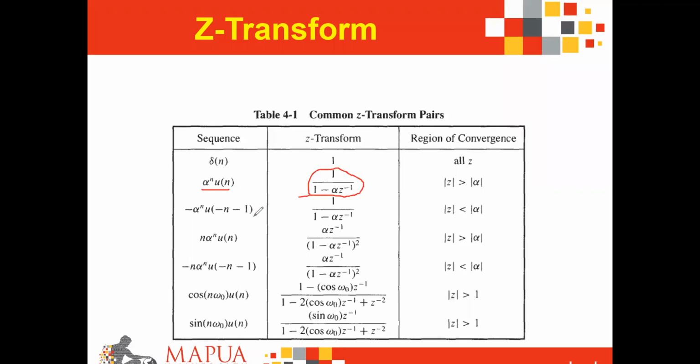But if you look at this signal, they have the same Z-transform. Right? You'll get confused now. They have the same Z-transform. But if you look at the region of convergence, they have different regions of convergence when you evaluate them.